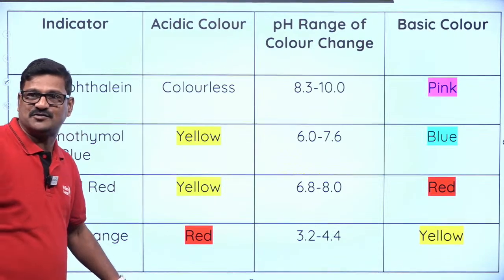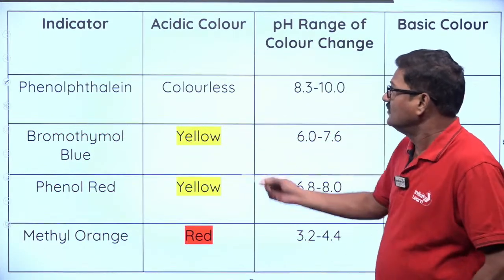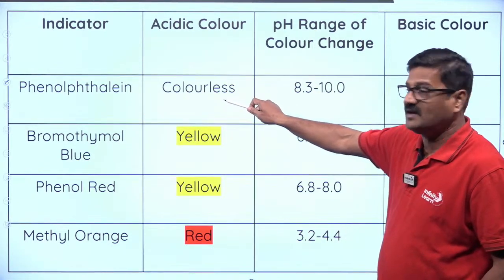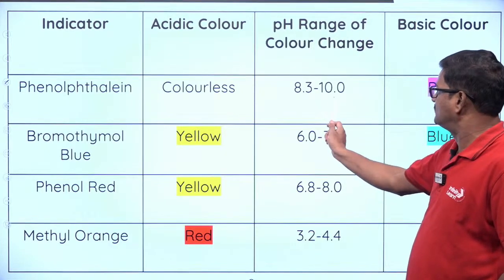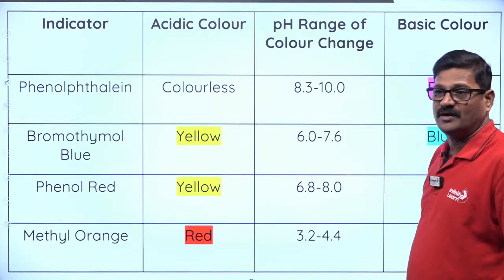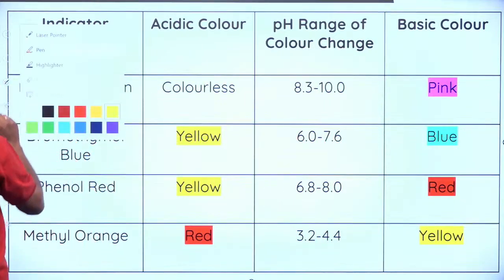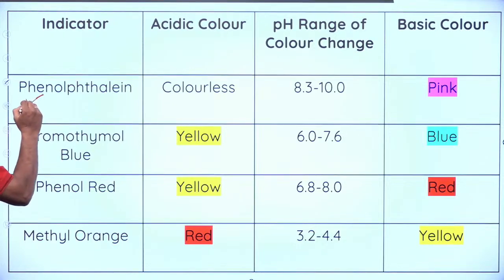So this is a synopsis of the various indicators that we come across. Phenolphthalein is used, which is colorless in acidic and pink in basic. This is used in the range 8.3 to 10.0, and this is very important, and you should keep these values in mind.